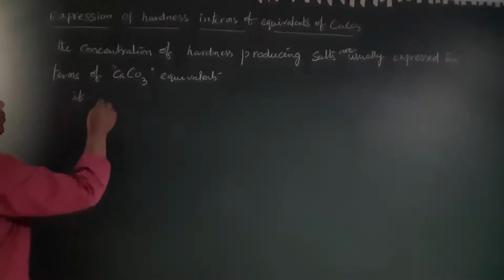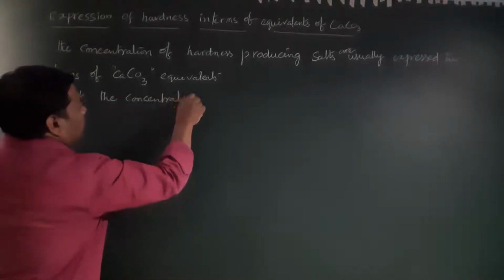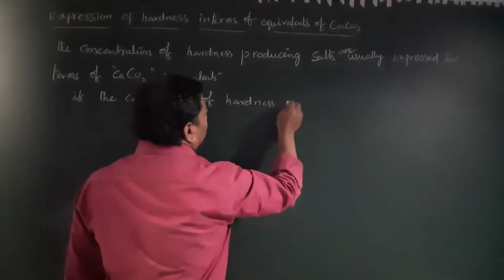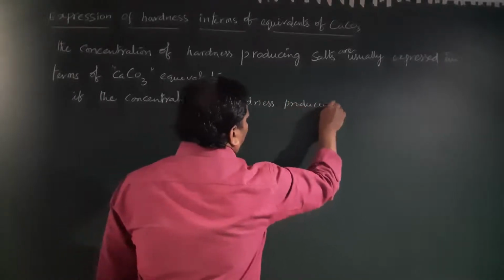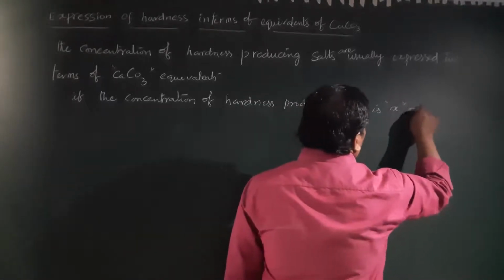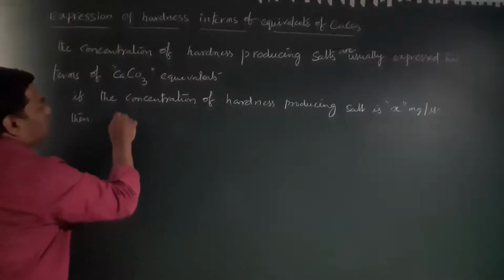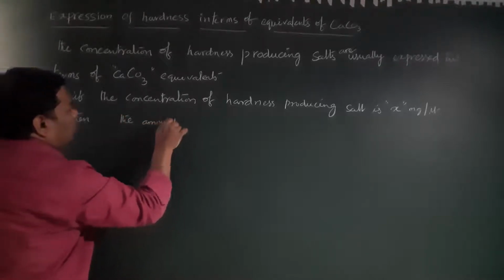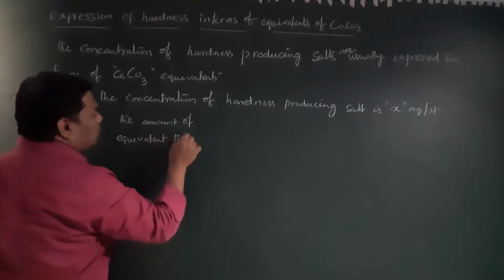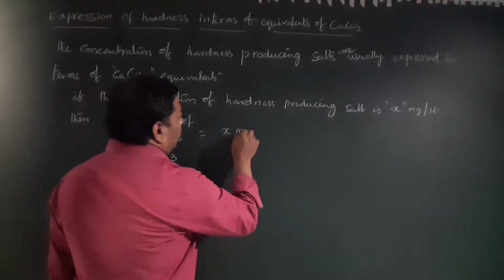Clear? If the concentration of hardness producing salts is X milligram per liter, then the amount equivalent to CaCO3 is equal to X milligram per liter.